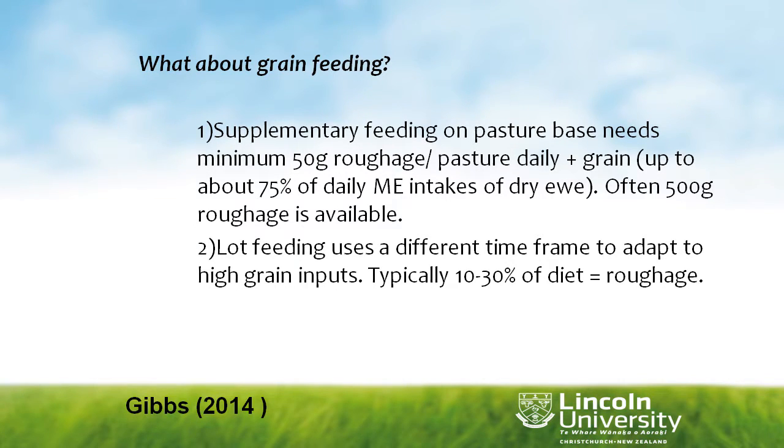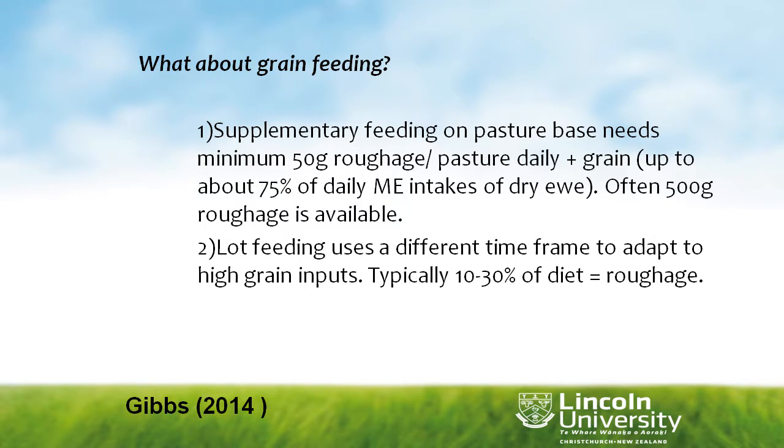Even when you're using 75% of the ME intake of a dry ewe, so you're still up there at 7 ME or so intake, the amount of roughage really required for normal function to continue is relatively small. So again, even in grains with a smaller particle size, the fibre requirements can be wildly overestimated. They're often talked about well higher than what the literature has supported.